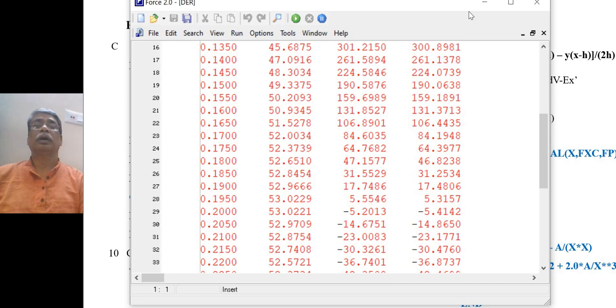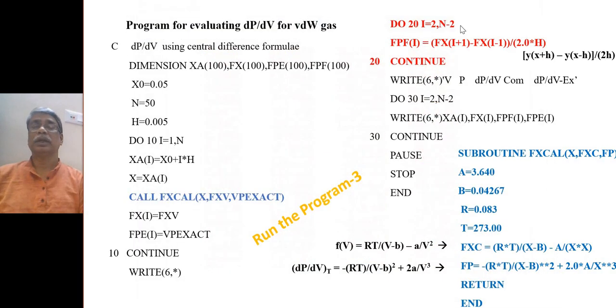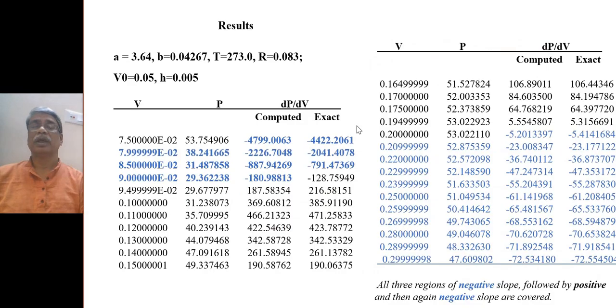So that's the result. Let us have a quick look at the result itself. We have used a Van der Waals gas with constant A equal to 3.64, B is this, and we have taken temperature to be 273 Kelvin and R in liter atmosphere unit. So initial V is 0.07 and H is 0.005.